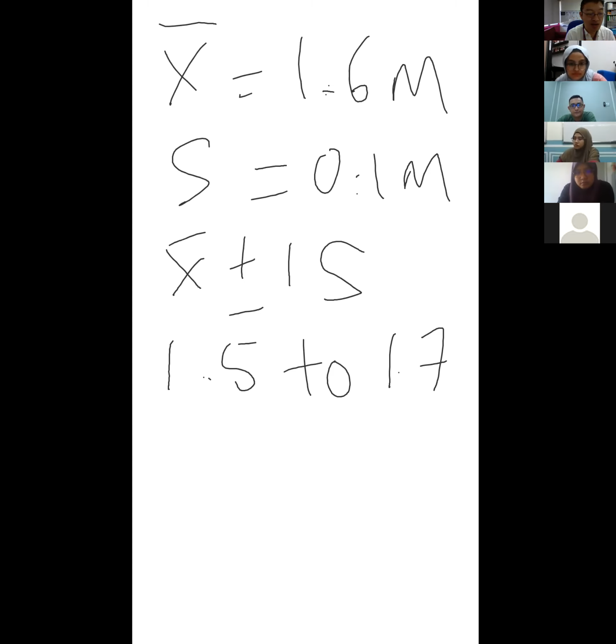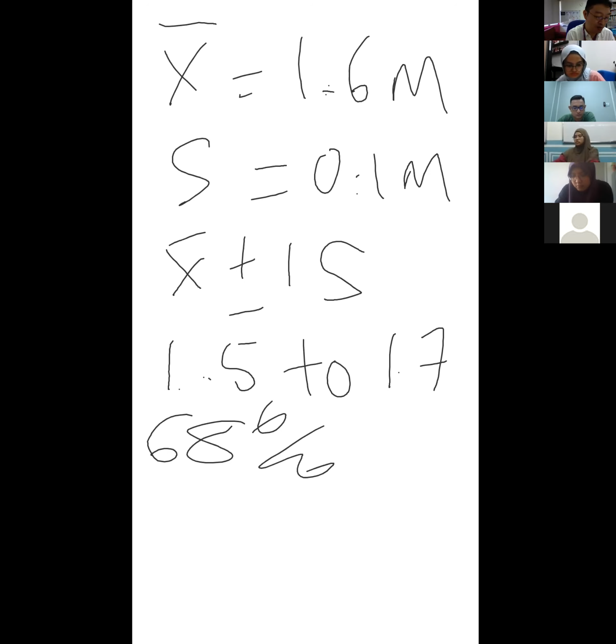So if we represent this for Malaysia, we can say that 68% of Malaysians have a height between 1.5 to 1.7. That is what the empirical rule tells you.